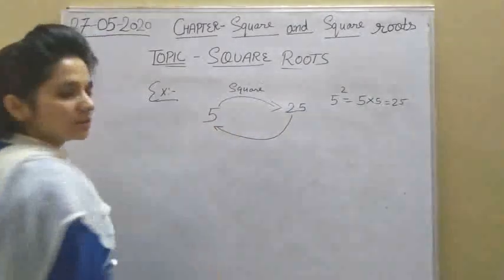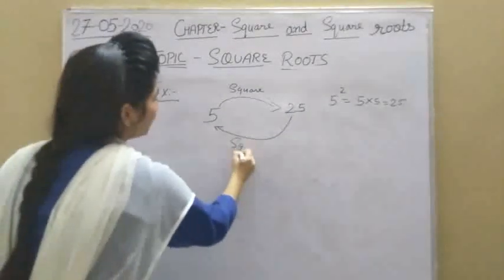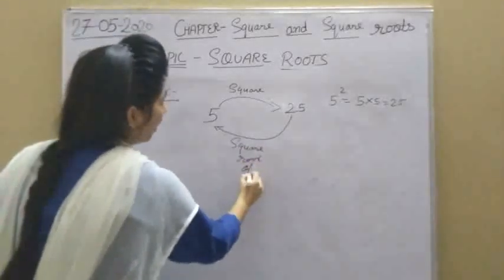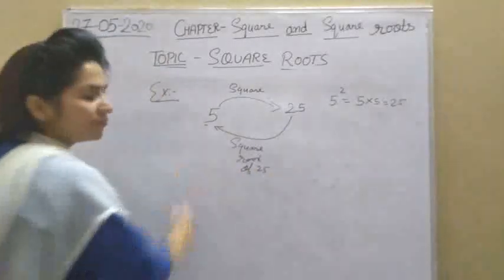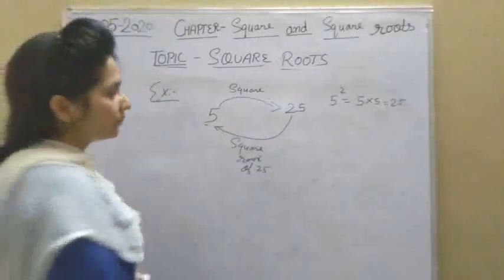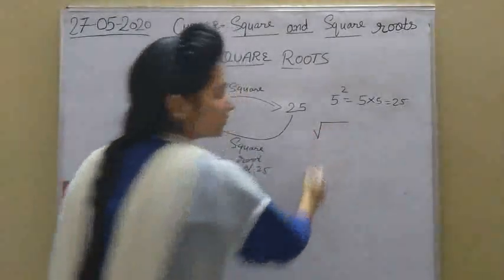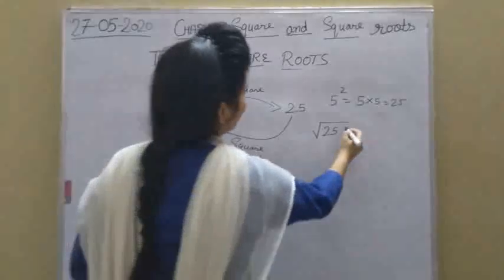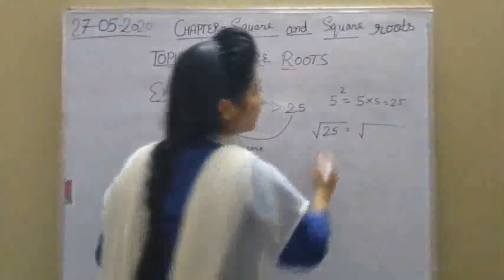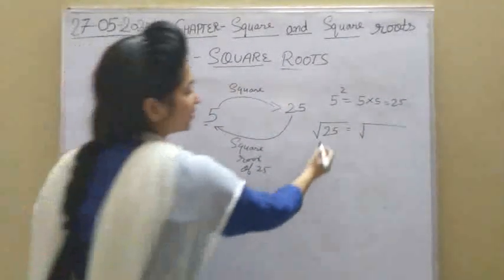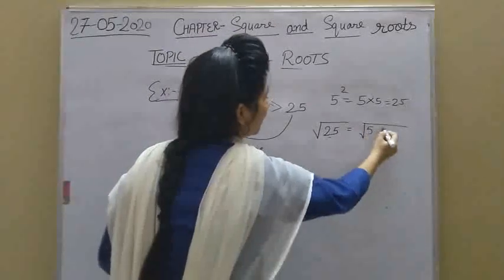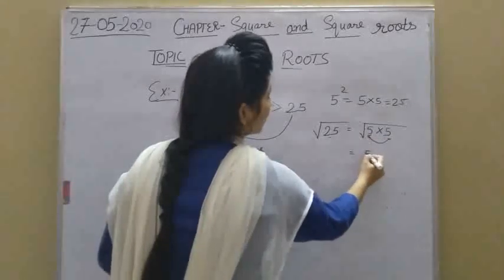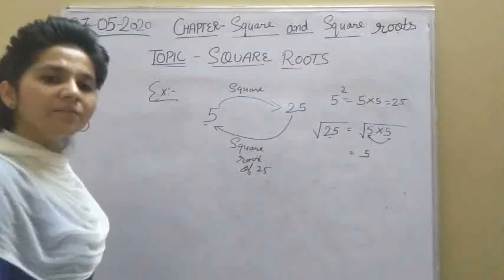And square root of 25 will be equals to 5. Square root of 25 is equals to, two equal factors of 25 are 5 multiply 5. It will be equals to 5.